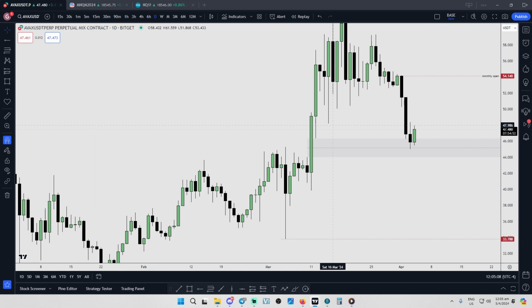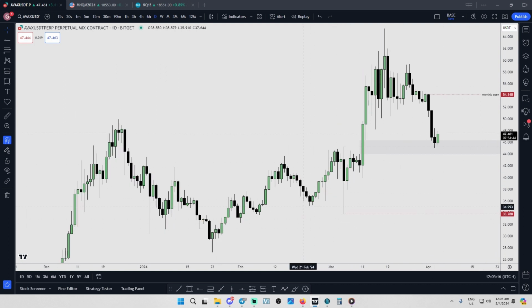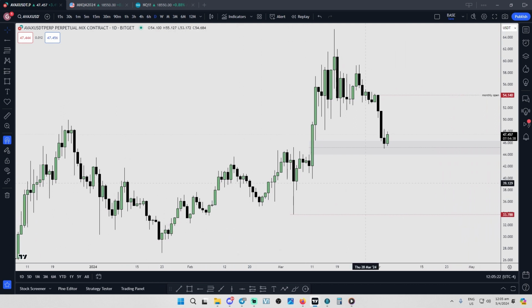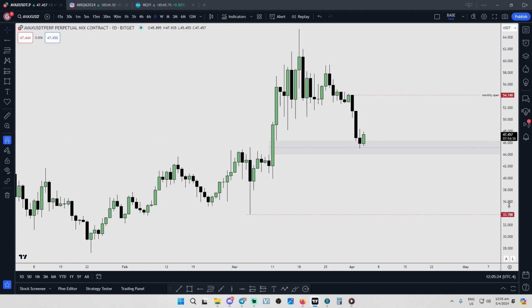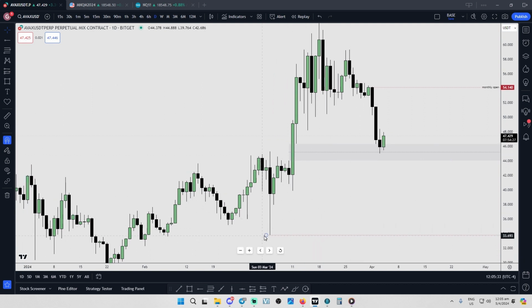Usually before large expansions, there is always a stop hunt. For example, right here, stop hunt, higher prices, stop hunt, higher prices. There's always a stop hunt. So you're looking to buy below a certain swing low. In this case, we have this swing low right here, and your weekly invalidation is this level.